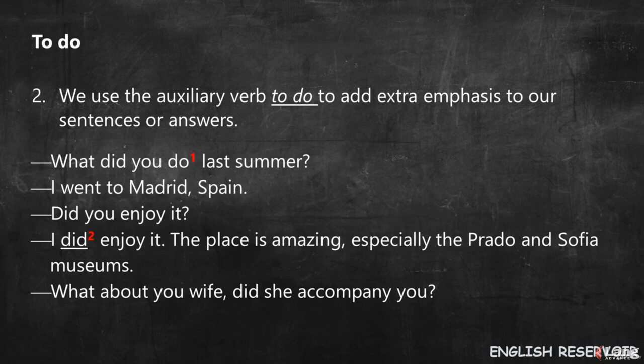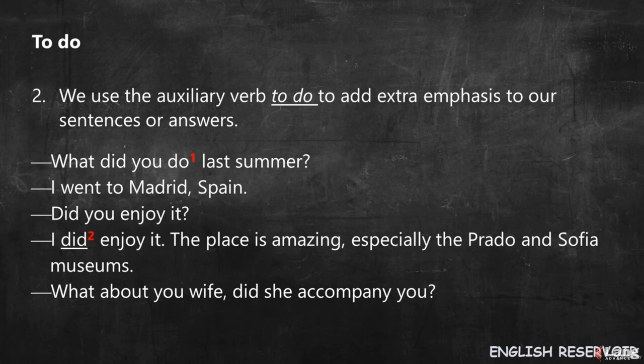To do. Number 2. We use the auxiliary verb to do to add extra emphasis to our sentences or answers. What did you do last summer? I went to Madrid, Spain. Did you enjoy it? I did enjoy it.